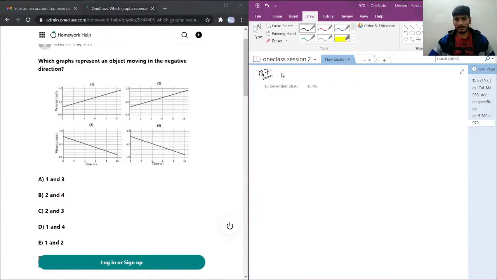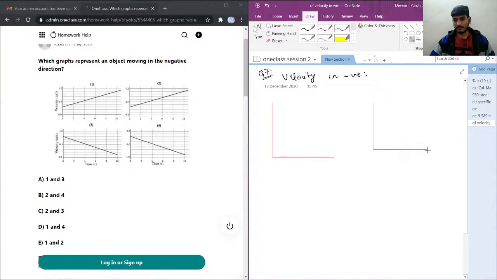So question number 7, velocity in negative direction. Now I'll start with the first graph. Just make a few curves, an axis system. Third one and fourth one.